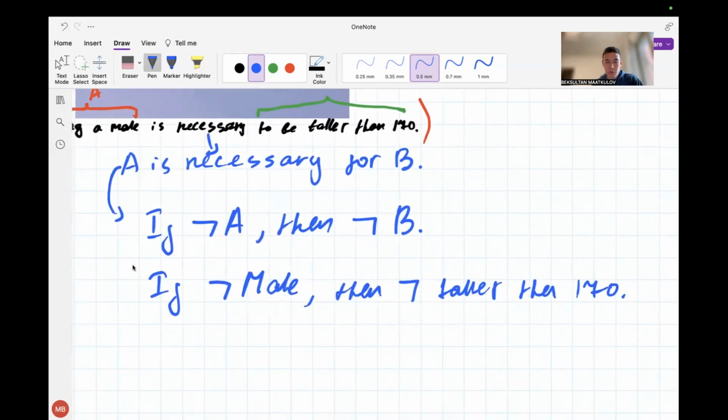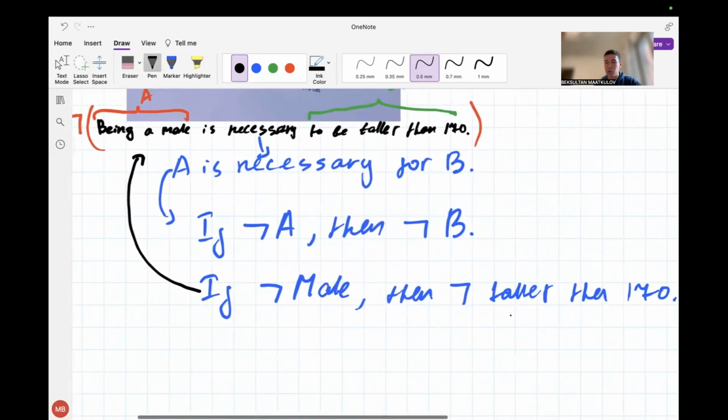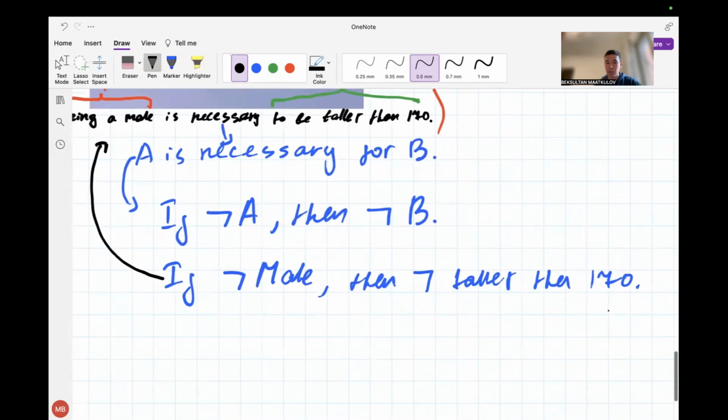So basically now we've got our new statement, right? If you're not a male, then you are not taller than 170 centimeters. Basically, this statement is 100% the same as this one. Being a male is necessary to be taller than 170 centimeters. It means that if you're not a male, then for sure you're not taller than 170 centimeters.